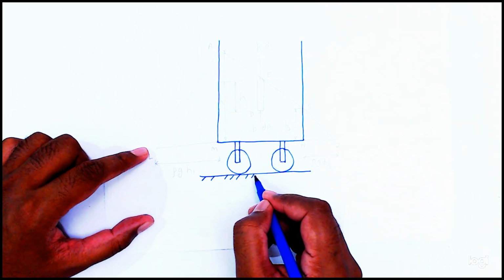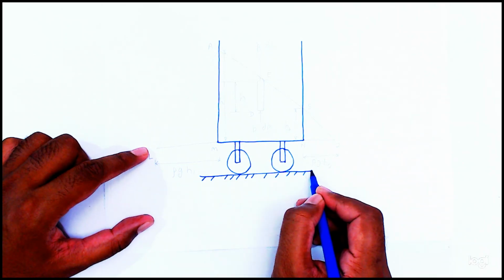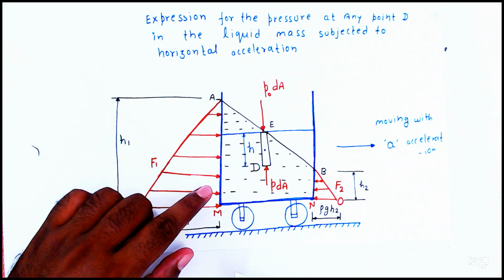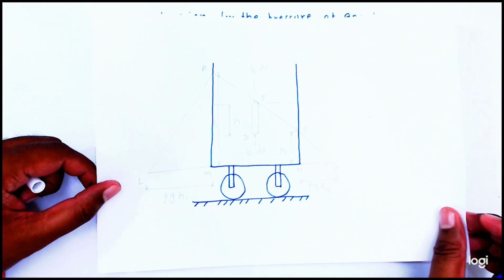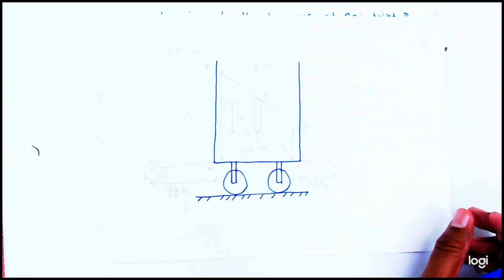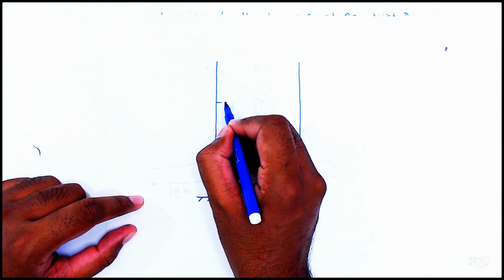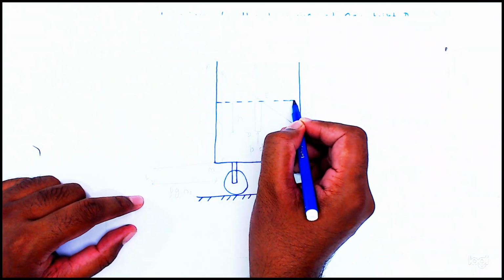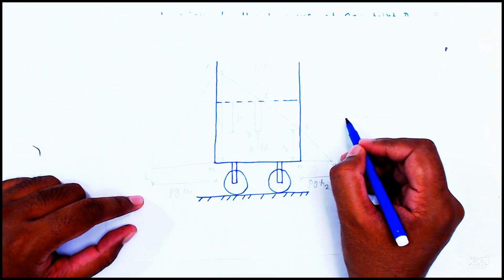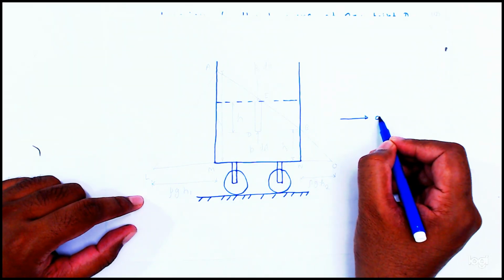For proper understanding, I am making this diagram slowly so that things will be clear. Okay friends, so this is the container. Initially the liquid is up to this level. Now it is moving with some acceleration a.